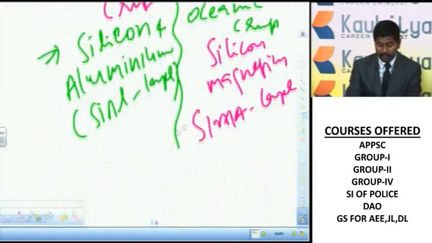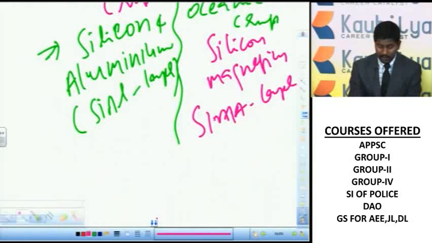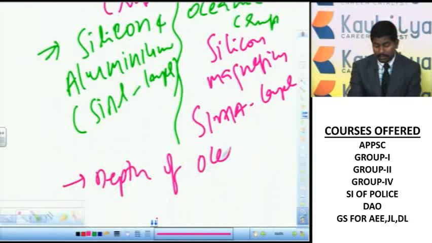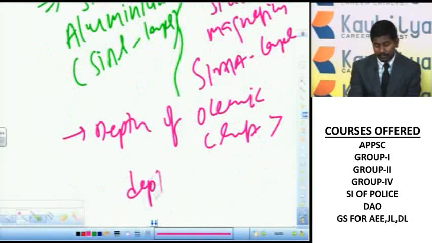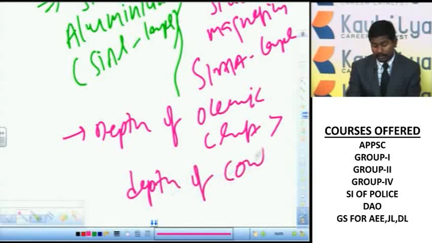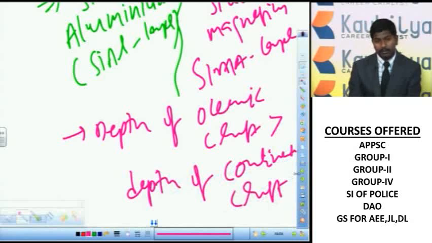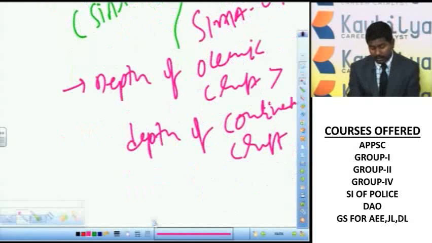That means the depth of the oceanic crust is greater than the depth of the continental crust.